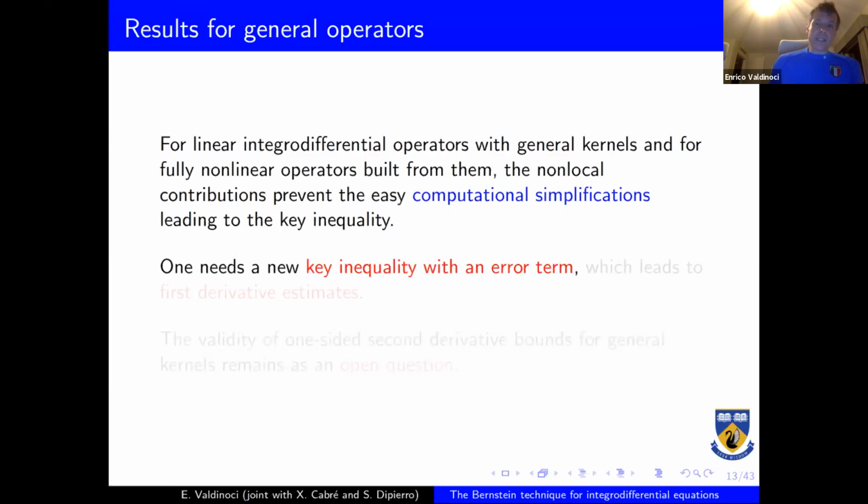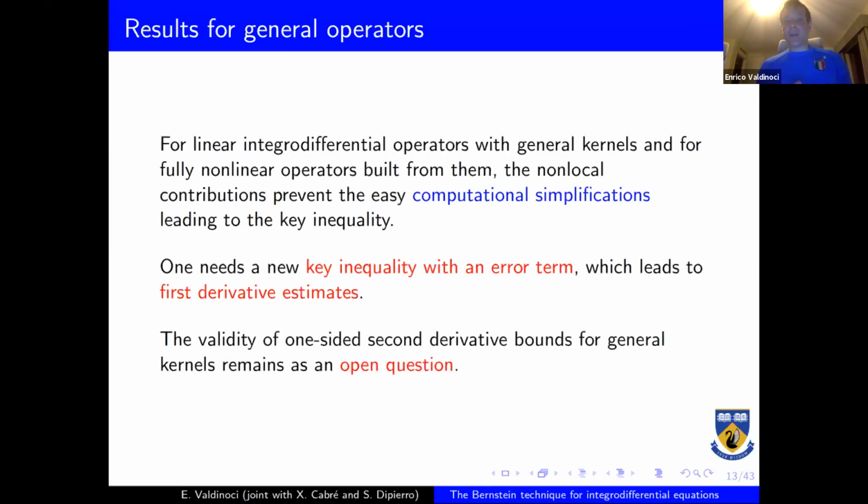And for this, we will see how we obtain a new key inequality, which is somehow less precise than the classical case, because it will include an additional error term. And this key inequality will provide a first derivative estimate.